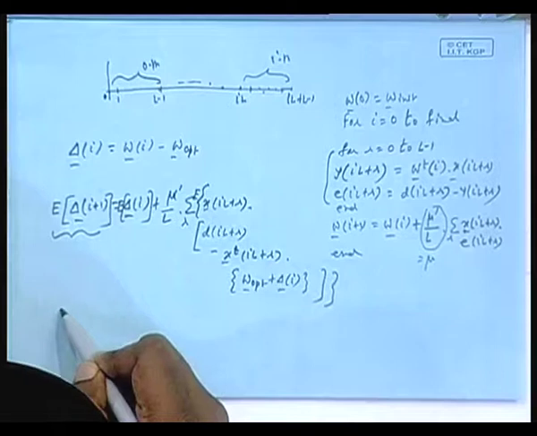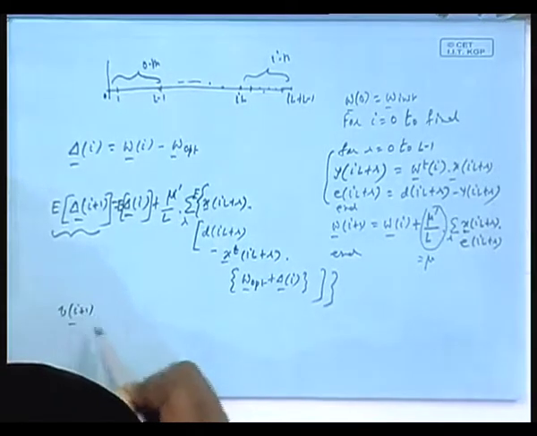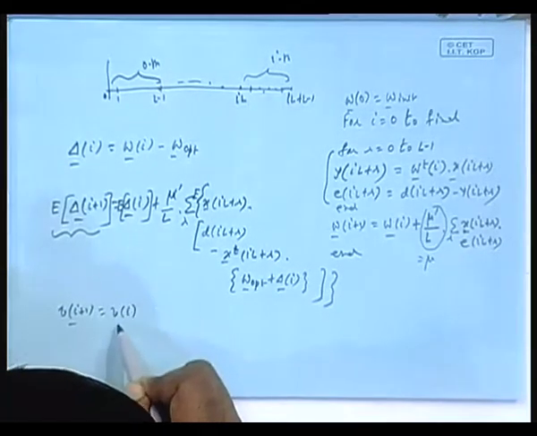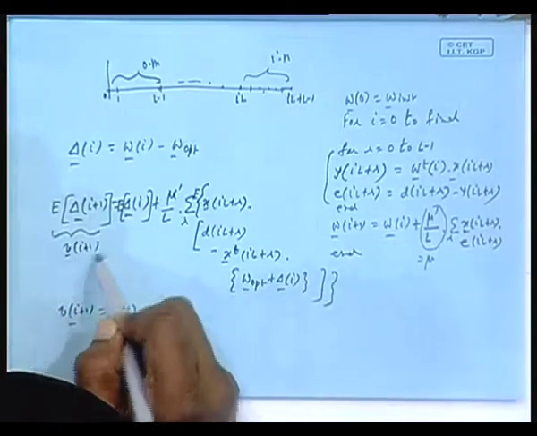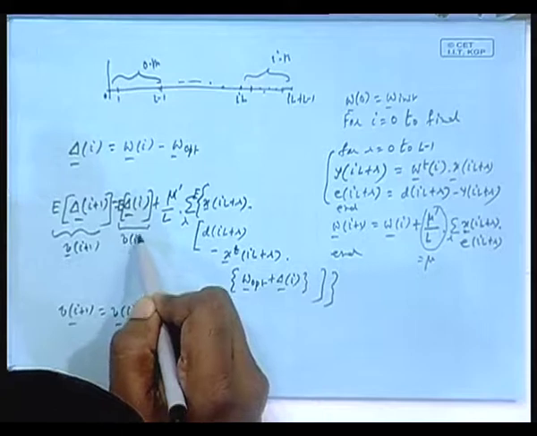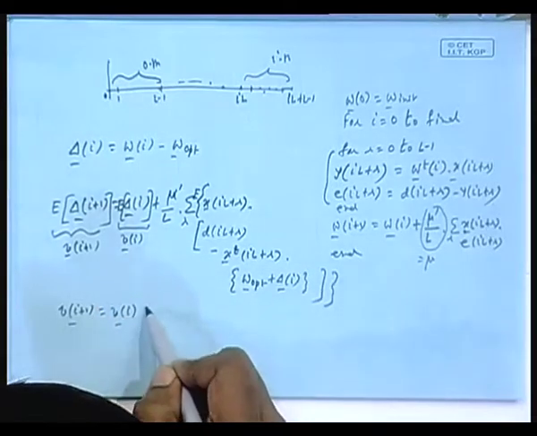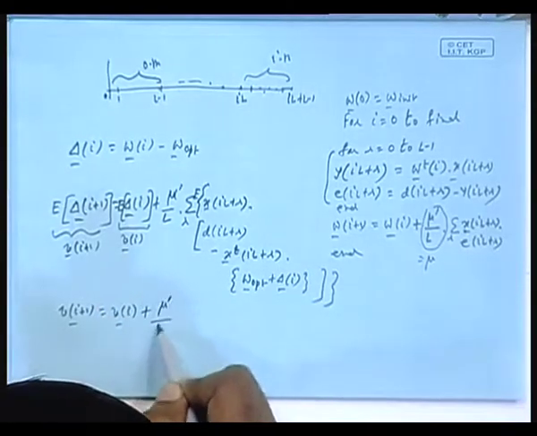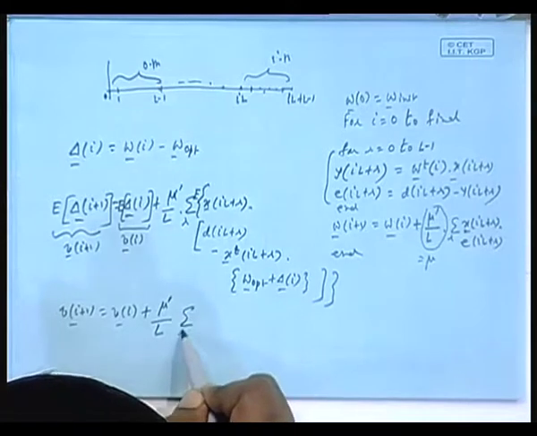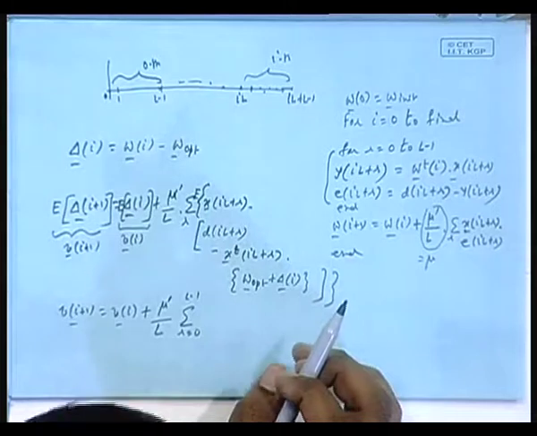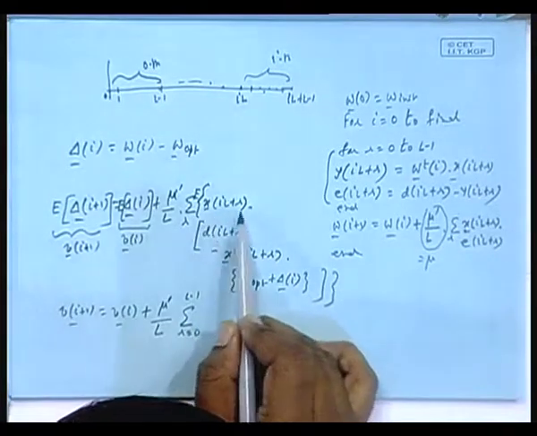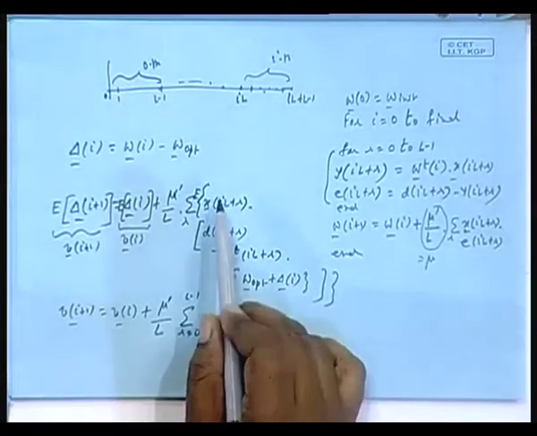So again I gave Vi plus 1 is Vi. This quantity is Vi plus 1. So this is Vi plus mu prime by L summation over R. See, the expected value of this data vector times D is absolutely similar to before.